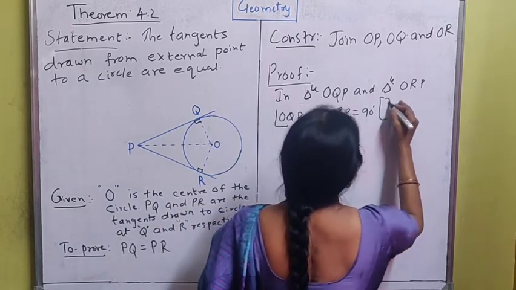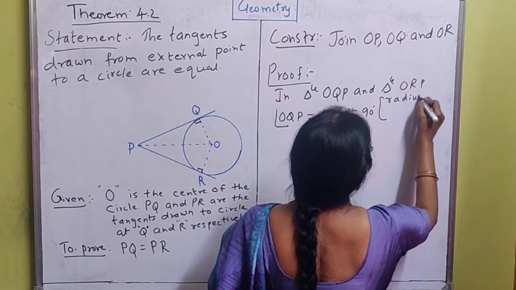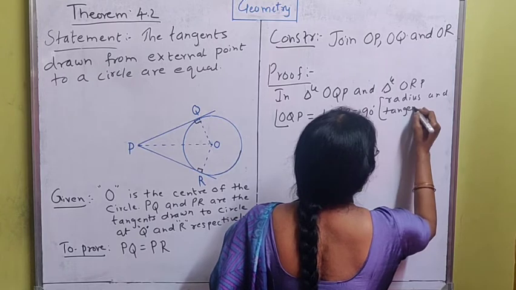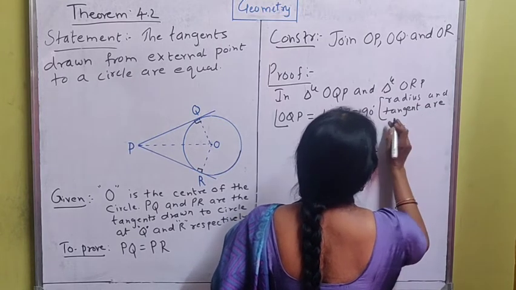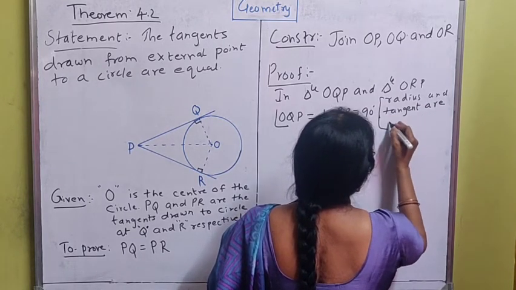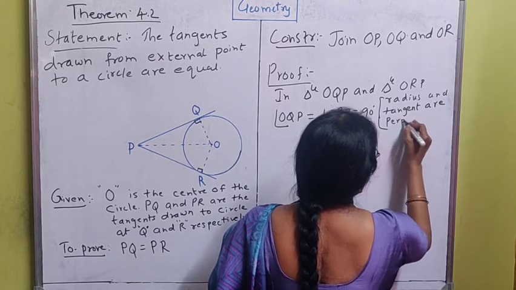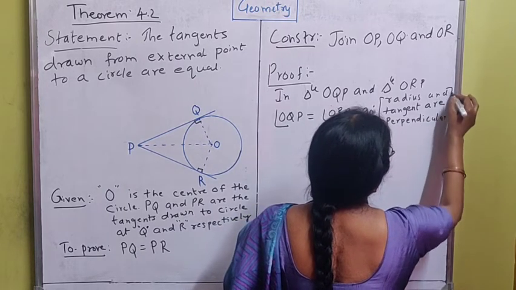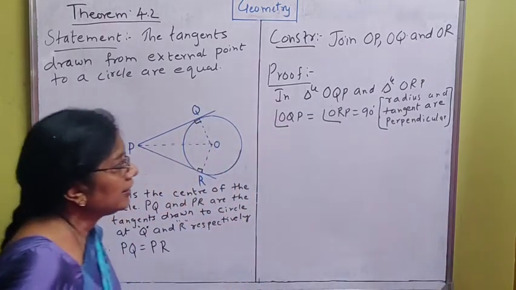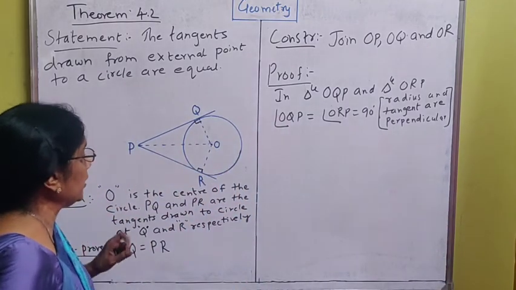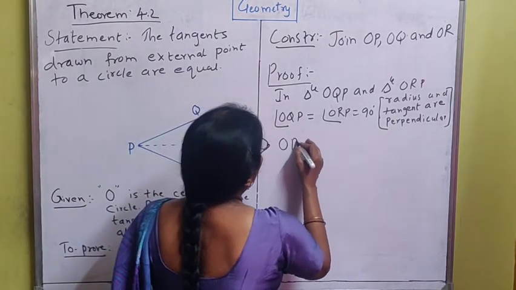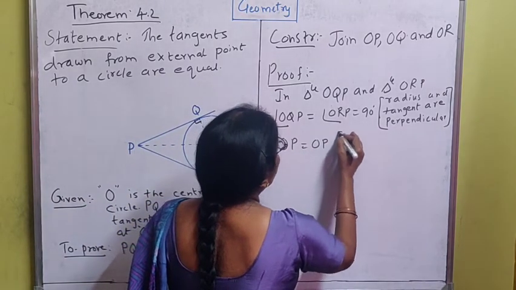What is the reason? Radius and tangent are perpendicular. This is your theorem number 4.1. Then OP is equal to OP.